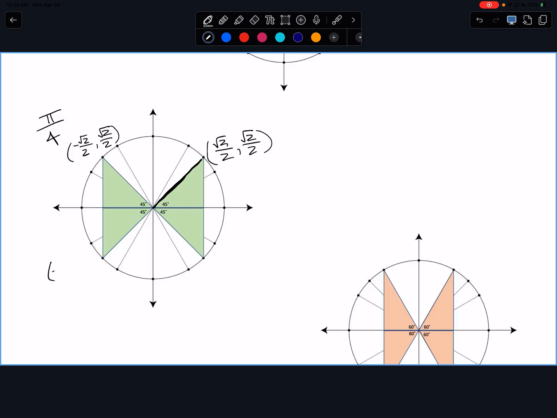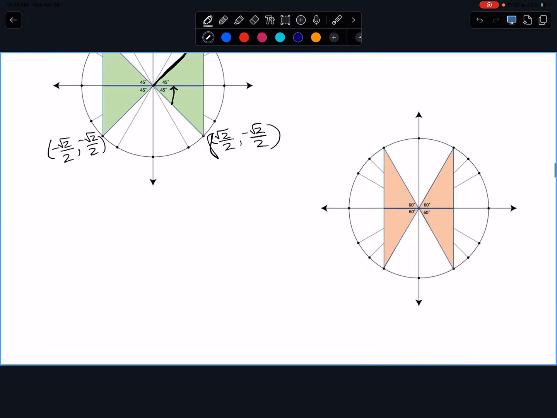Down here it's negative, negative. And then over here it's positive, negative. So next year, she's going to really emphasize finding that reference number, that shortest distance, and quickly give her that value, okay? So you probably want to keep these notes. Hopefully they'll be helpful to you, okay?